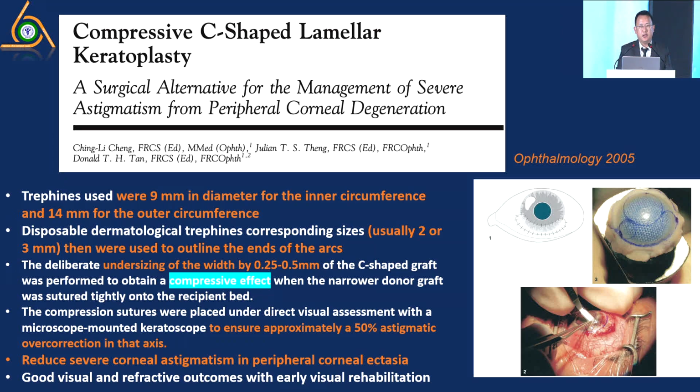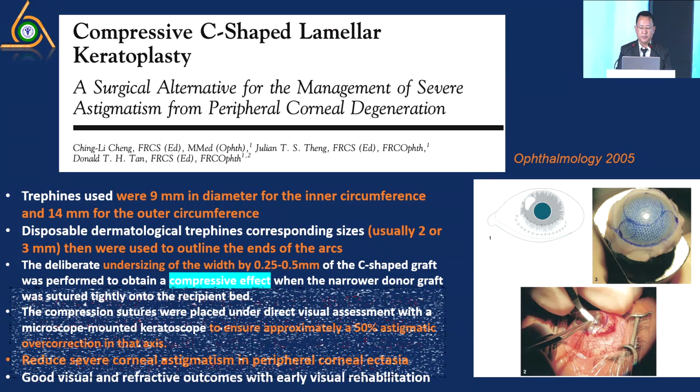Deliberately a smaller width of 0.25 or 0.5 mm can be cut to have a compressive effect and also to overcorrect the astigmatism by 50%, so that you can reduce the severe corneal astigmatism in peripheral corneal ectasia.